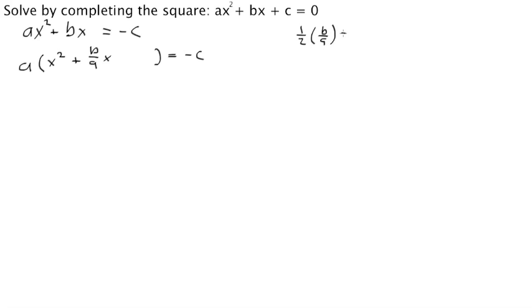We're just multiplying two fractions, so that's going to be b over 2a. And then we need to square that. (b over 2a) squared. To square a fraction, you just square the top and the bottom parts individually. So b squared over 4a squared. So that is the term I need to add here.